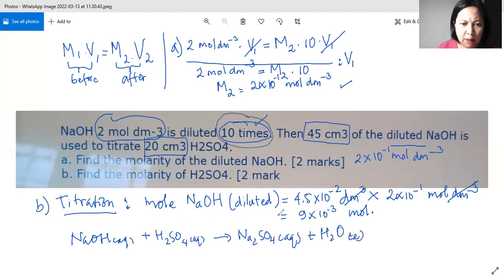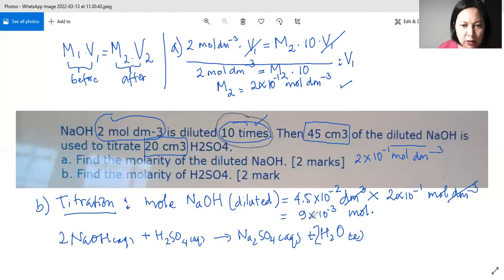Then we balance it because there are 2 Na atoms on the right, so there should be 2 molecules of NaOH, or sodium hydroxide, on the left. Then there are 2 and 2, so 4 hydrogens, so we should multiply water by coefficient 2.